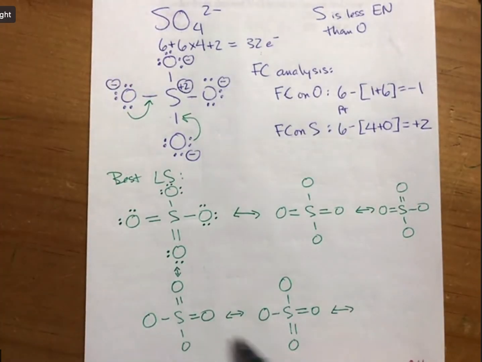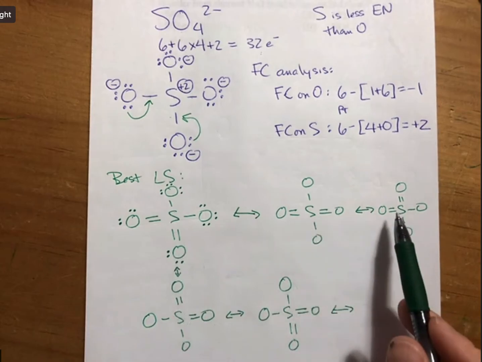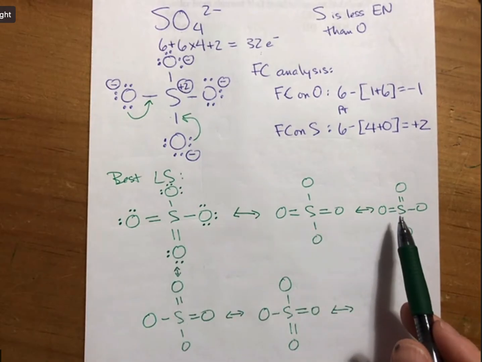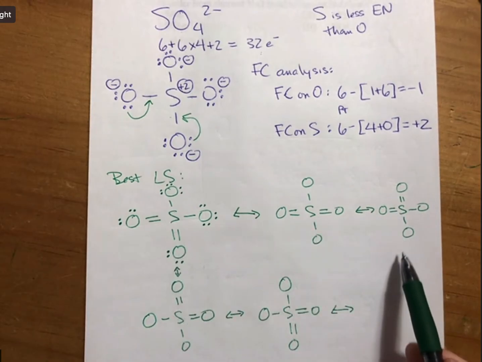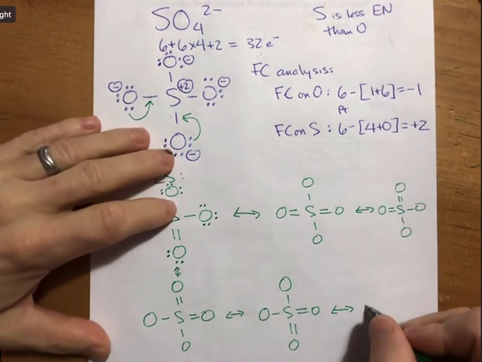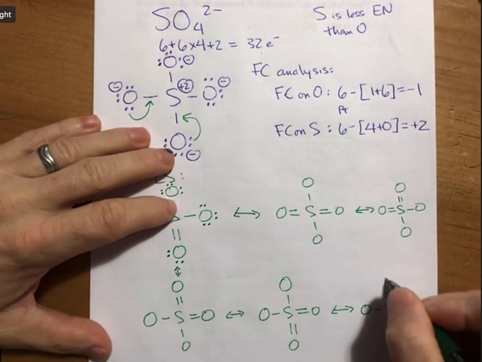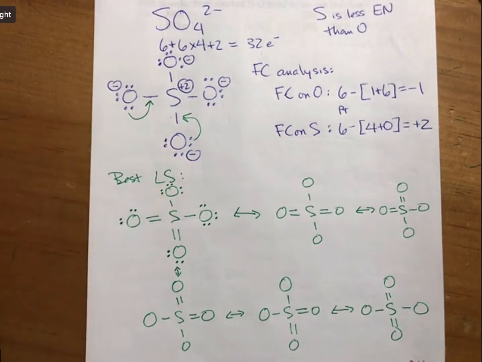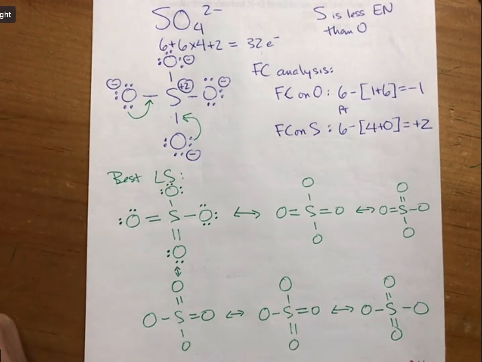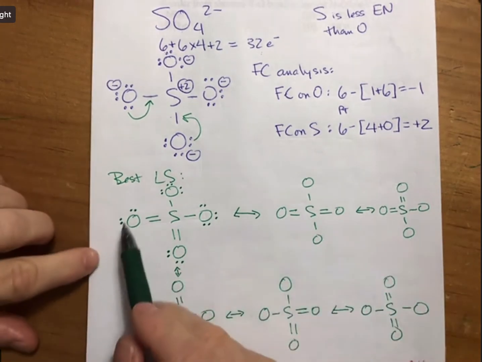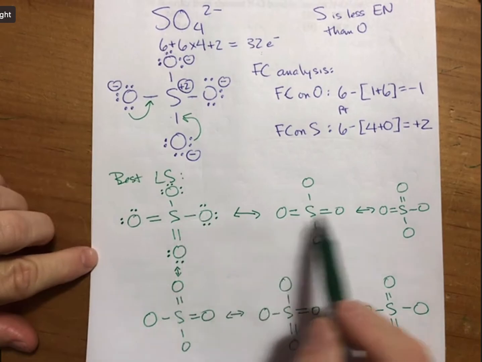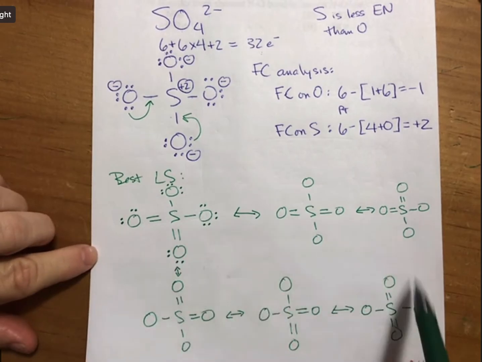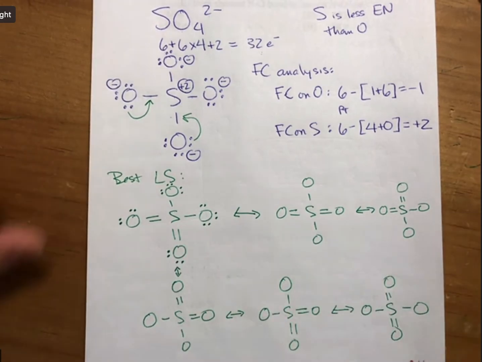Double bonds, double bonds, double bonds. There's the last one. What I need from you is your final answer to have all the electrons around it. But I just wanted to show you there are 6 possible combinations of 2 double bonds.